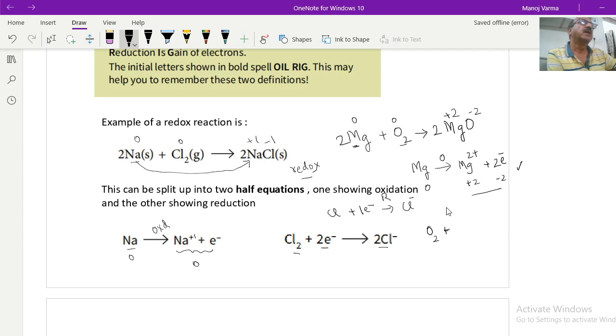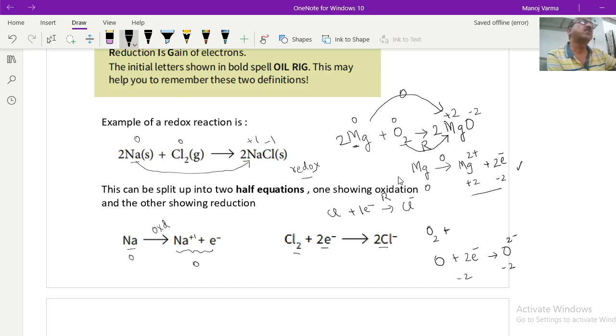Right? So actually if you consider a single oxygen, then it gains 2 electrons and it becomes an O2 minus. So once again, see, this is 0 and this is minus 2, this is minus 2, so this is balanced. So as I told you previously that magnesium to magnesium oxide is oxidation, but oxygen to magnesium oxide is reduction.